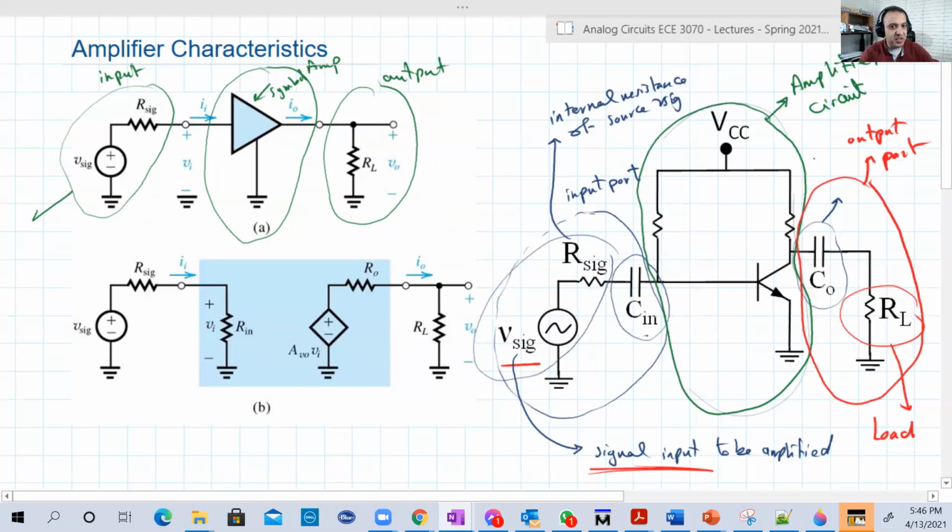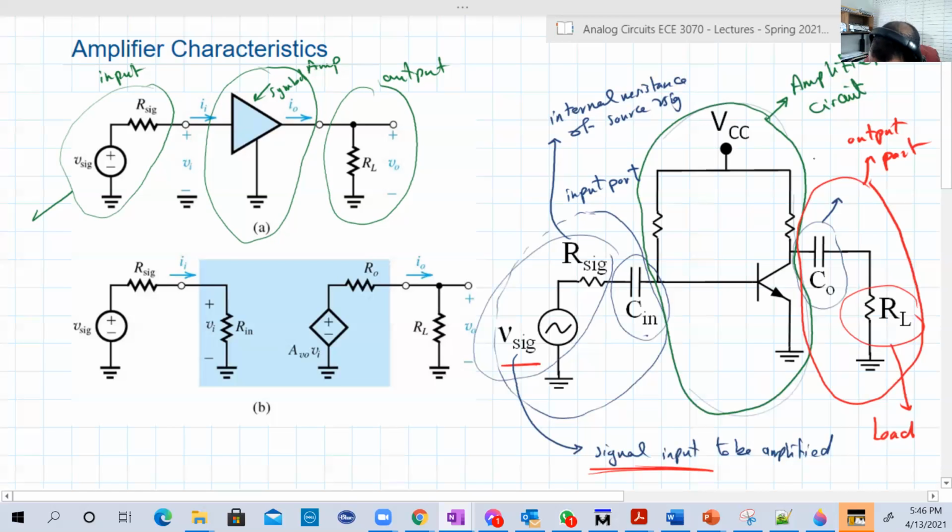You guys remember V Thevenin and R Thevenin. When you look between two terminals of any circuit, there will be an equivalent for this circuit between these two terminals as a voltage source and a resistor, V Thevenin and R Thevenin. That's what we're going to do now.